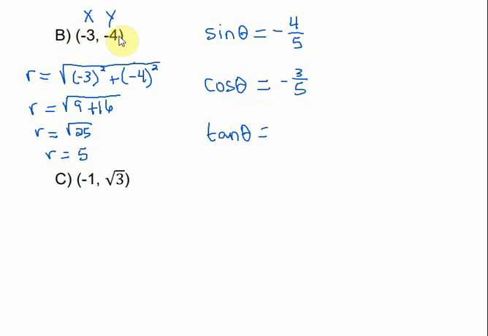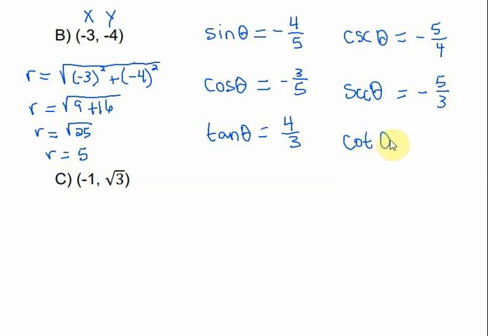Now, they're both negative, so -4 over -3 would become a positive 4 over 3. And then again, for our reciprocal functions, cosecant of theta is -5 over 4. Secant of theta is -5 over 3. And cotangent of theta is 3 over 4.